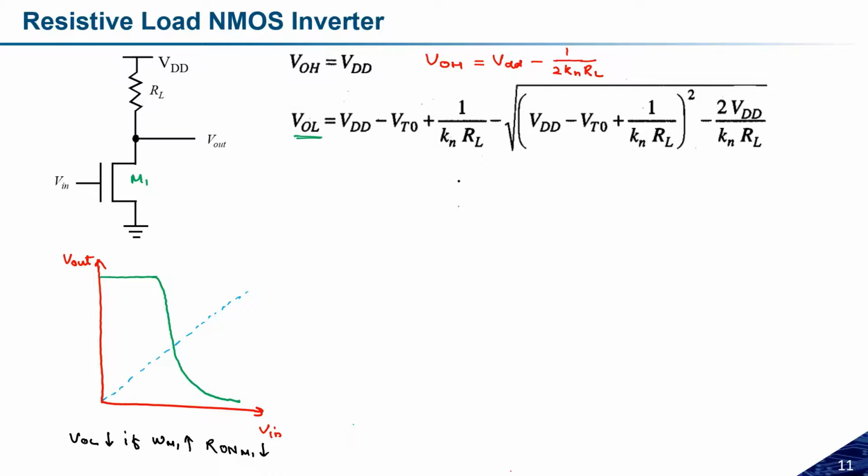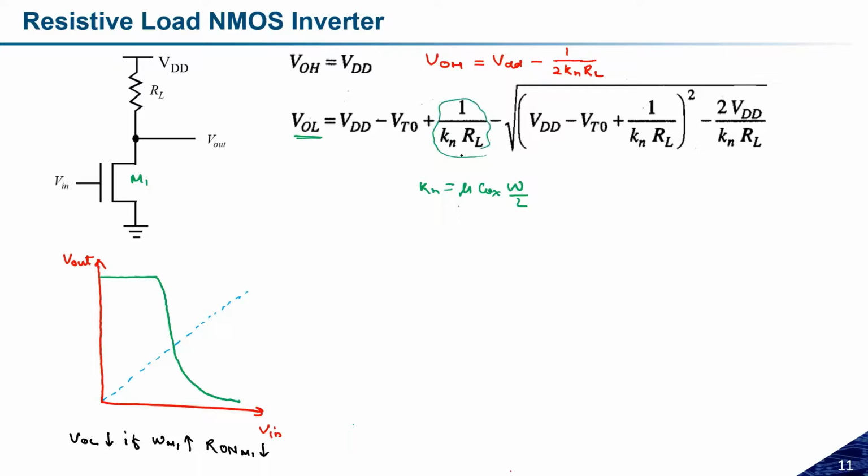This Kn is nothing but mu Cox W by L. So what will happen if I increase the W? This Kn will increase, and if this Kn increases, this factor is going to reduce.